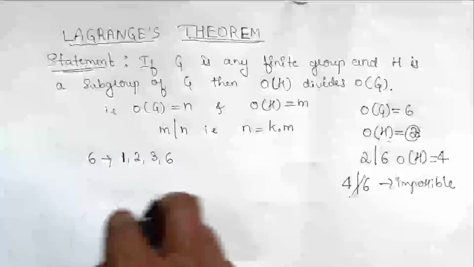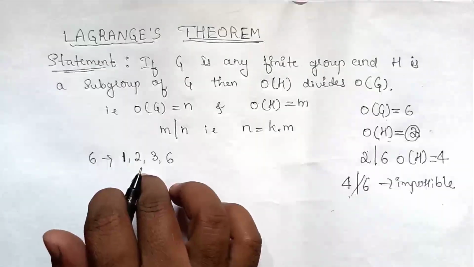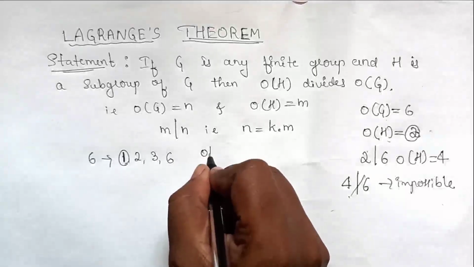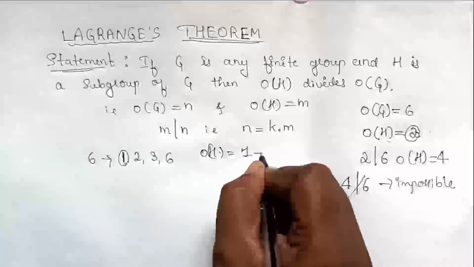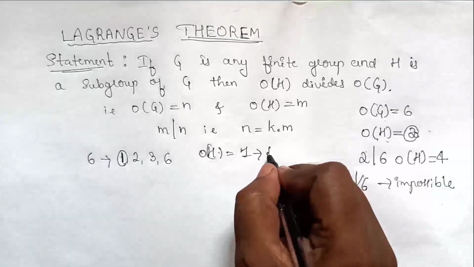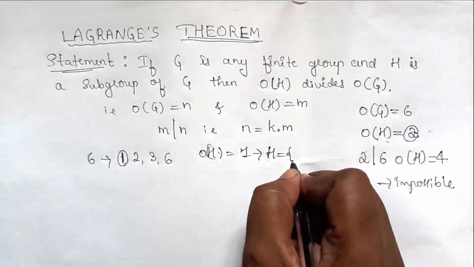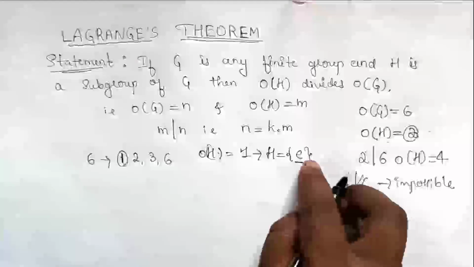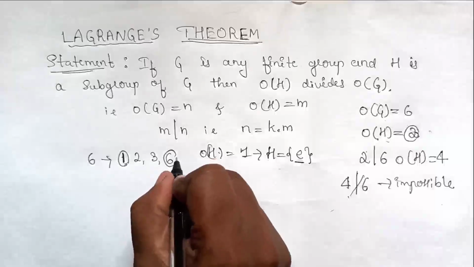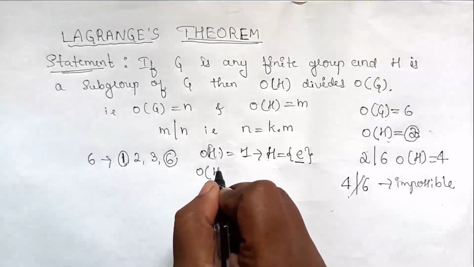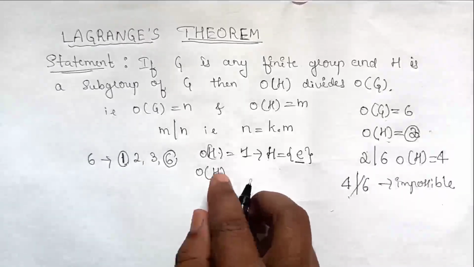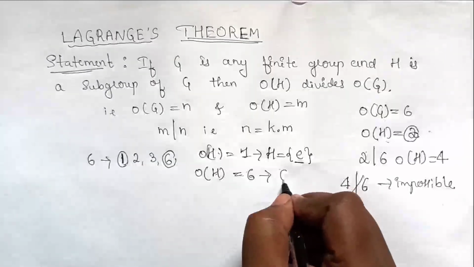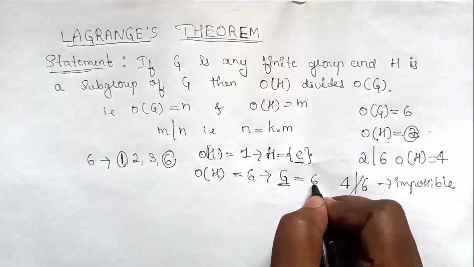So this is how Lagrange's theorem is useful. The order of H equal to 1 is the trivial subgroup, that is, the subgroup which has only one element. This is a known thing. And the subgroup of order 6, order of H equal to 6, implies the group G itself, because G has 6 elements.